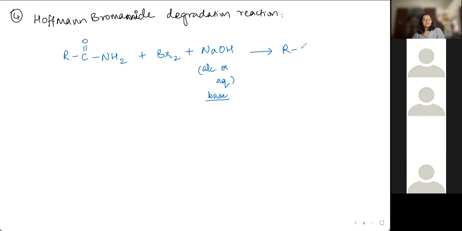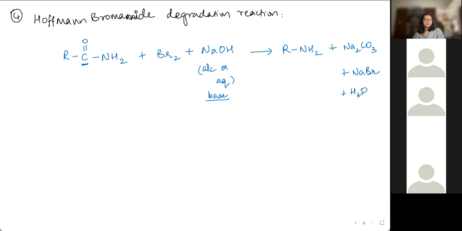Your products are going to be RNH2. So it has degraded. We got rid of this carbonyl group. And your byproducts are, so the combination of the carbonyl group with NaOH gives you sodium carbonate and the sodium salt, like this bromide, this is a byproduct, and water.